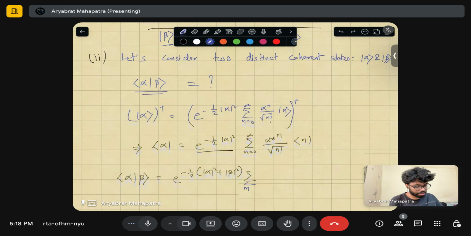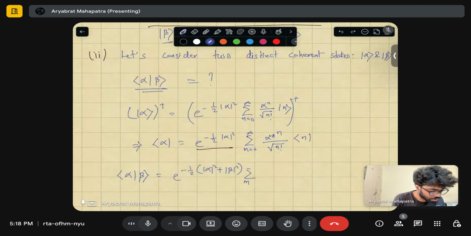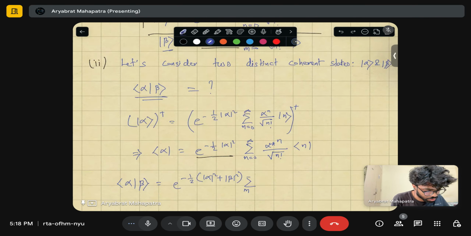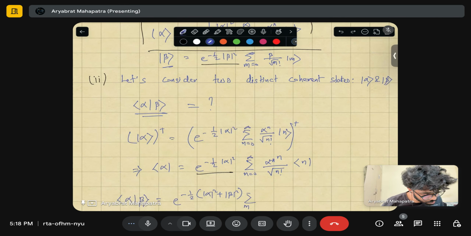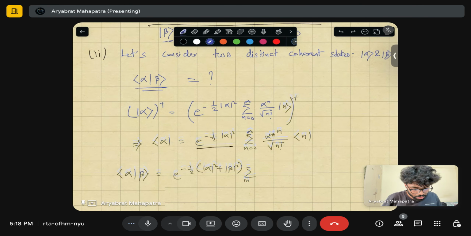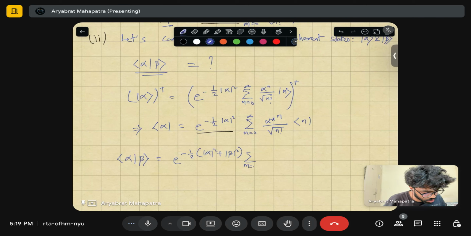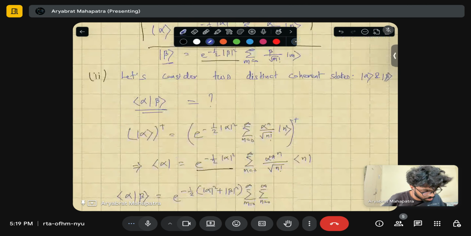Over here we have n as usual. So now we have m going from 0 to infinity and also n going from 0 to infinity.